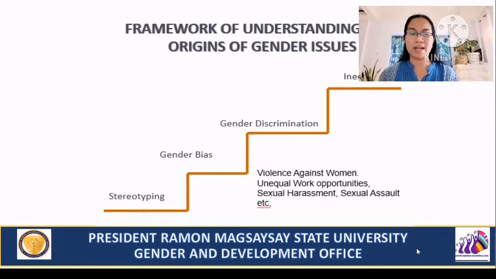Now, let us recall again, what would be gender stereotypes? When we say gender stereotypes, those are, for example, terms which are coined to a particular gender. Halimbawa, sweet, soft, they attribute that characteristic to female. Pag malakas, they always attribute that to male.